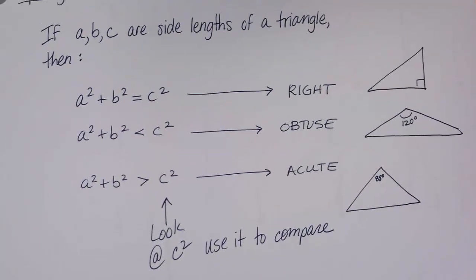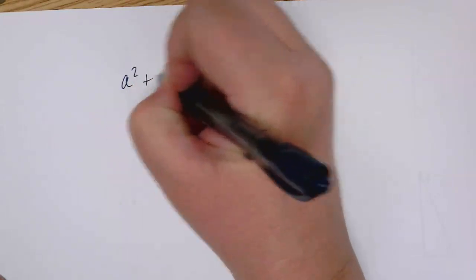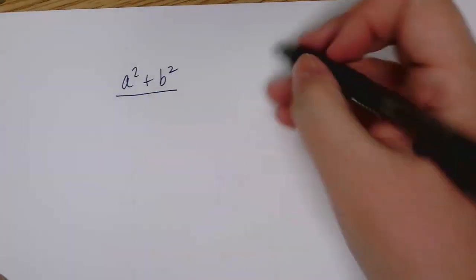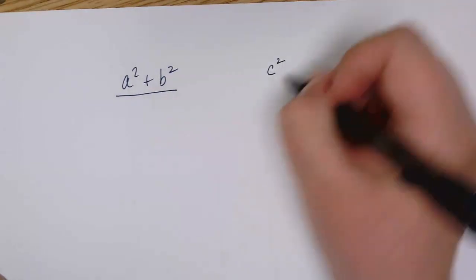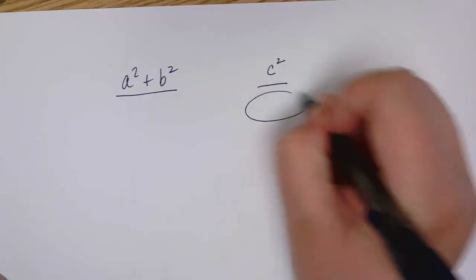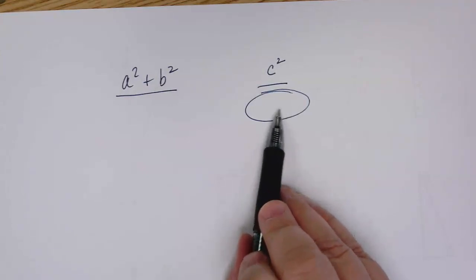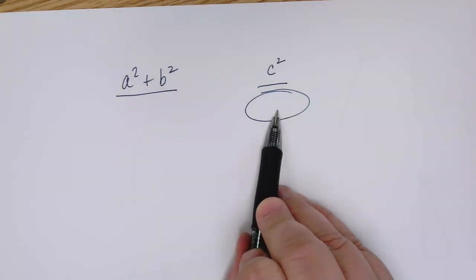Here's what I mean. If I am asked to decide whether I have an acute or a right or an obtuse triangle, then I square and add a and b. And then I go and I square c. And then whatever I get here, I make my decision based on this. If it's bigger than these, obtuse.